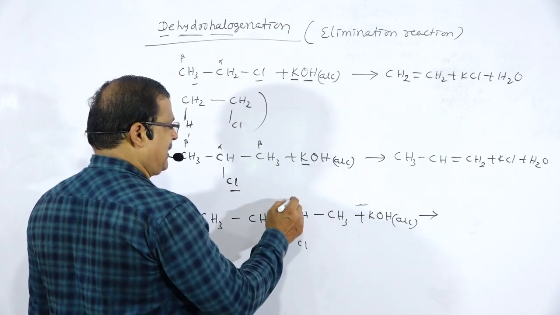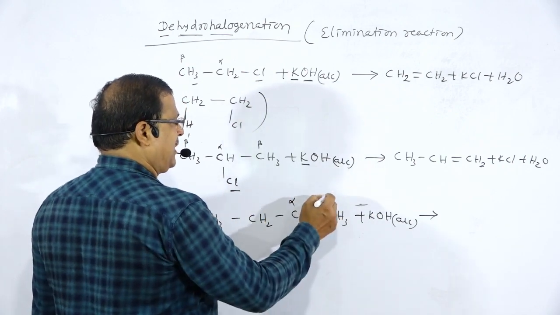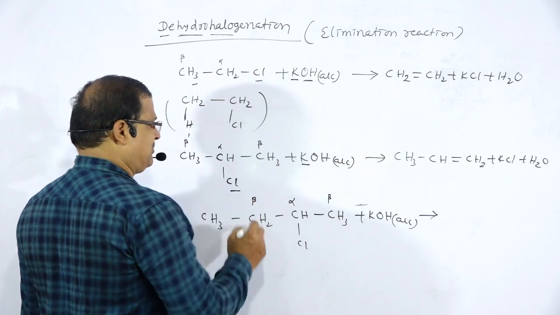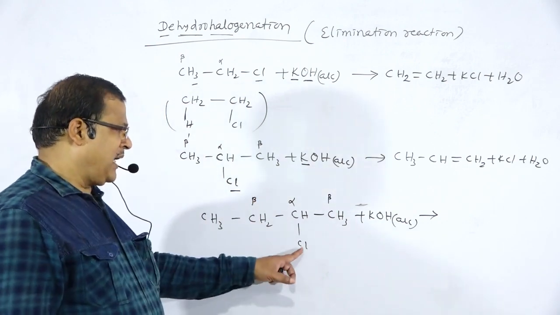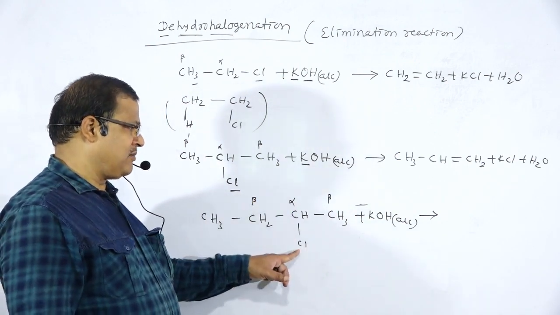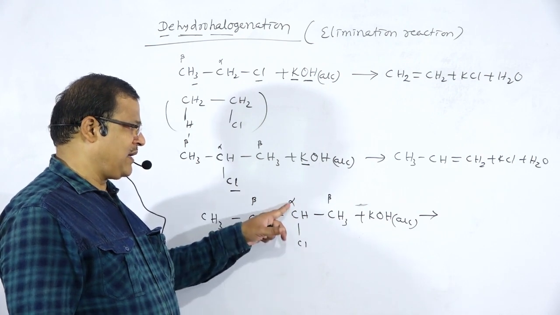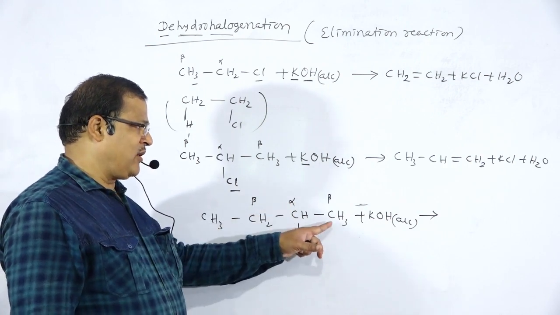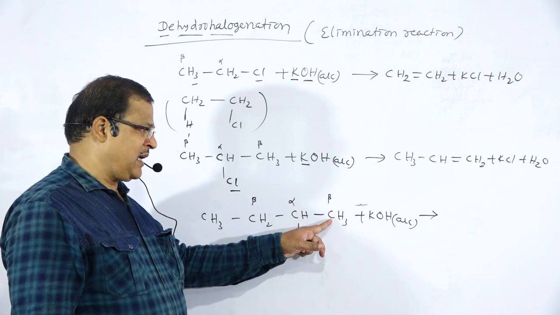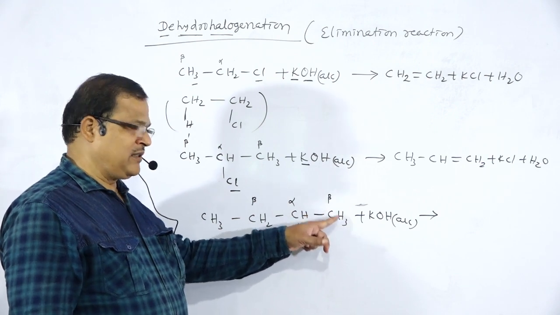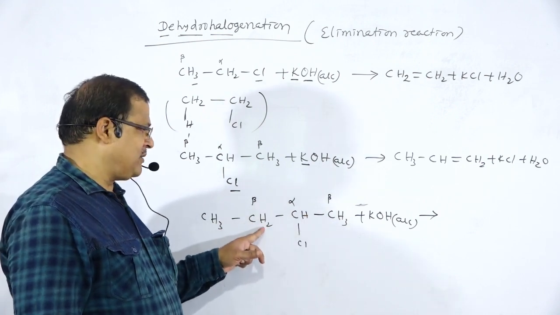This is the alpha carbon atom and this is the beta carbon atom. Chlorine is removed from this alpha carbon atom, but the hydrogen atom removed is either this beta hydrogen atom or this beta hydrogen atom.